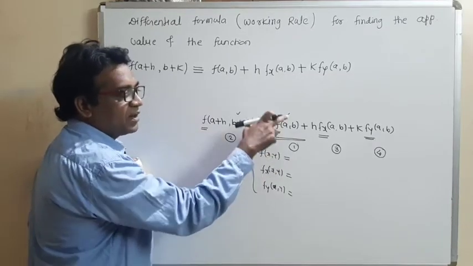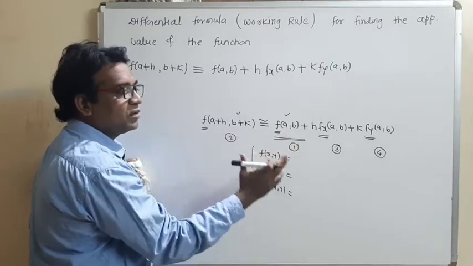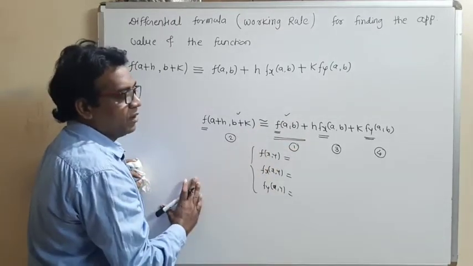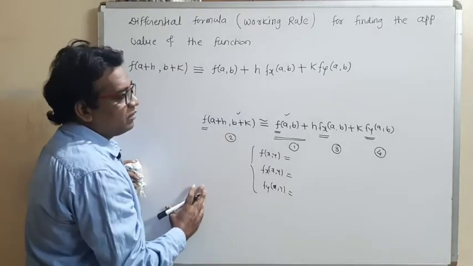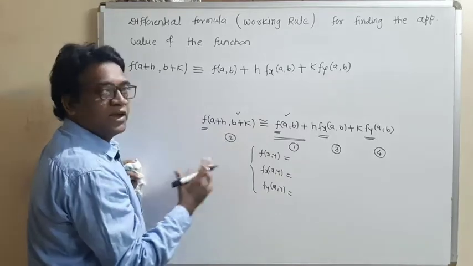Fx at ab is the third functional value, and fy at ab is the fourth functional value. So by using this formula, we can easily find out the approximate value of any function.